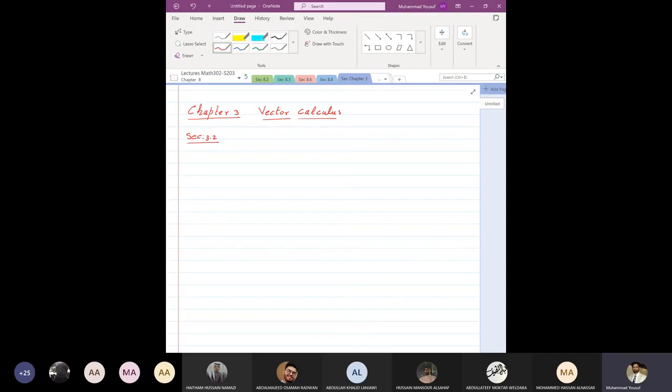Now, what is this section 3.2? Differential length, area, and volume.